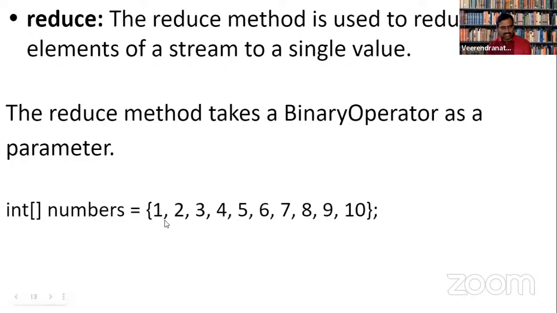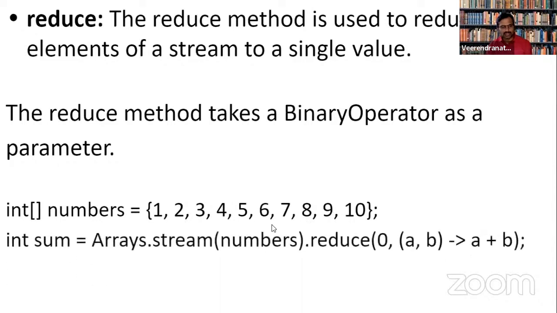It is a collection of numbers from 1 to 10. So then I have a reduce function. When I say reduce, it is going to take up the stream of numbers, and reduce a comma b.